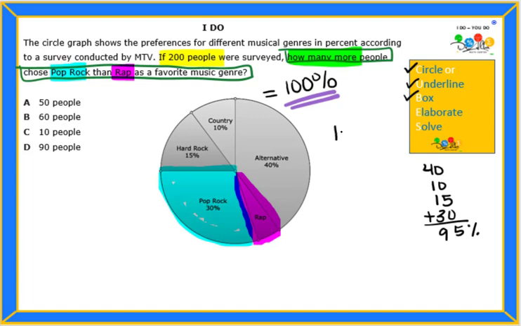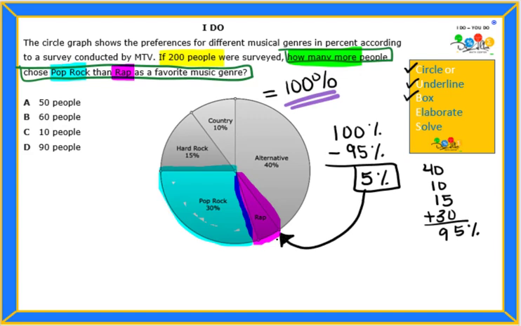And the whole entire graph is 100%. So we can do 100% minus 95% that has already been used, which will leave us with 5% for rap. So we can put here we have 5%. Now we have all of our percentages.